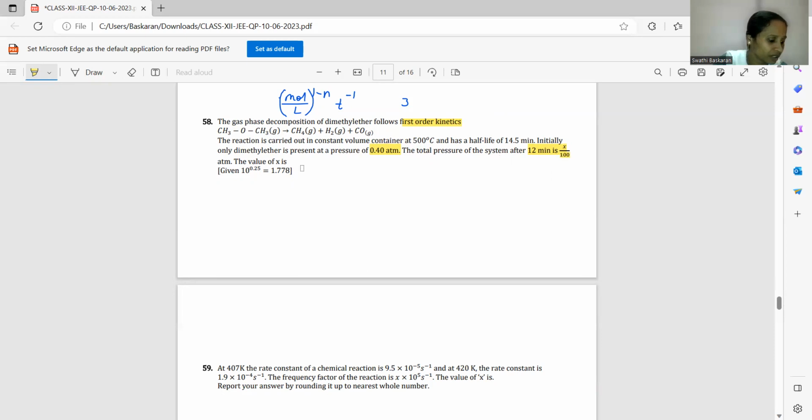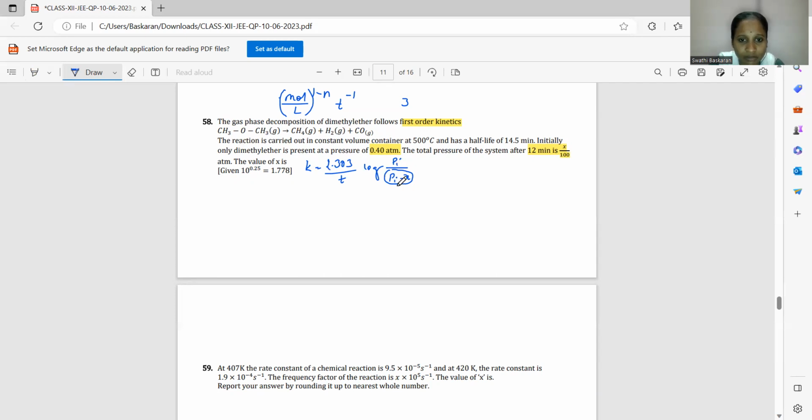Basically, whenever we are doing first order kinetics, especially for gaseous reactions, even though we know the formula, what is the formula of a first order reaction? K is equal to 2.303 by t log of Pi by Pi minus X. This Pi minus X will depend on the number of products obtained and their stoichiometry and the reactant stoichiometry, isn't it?